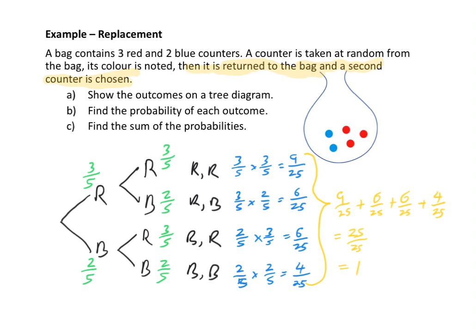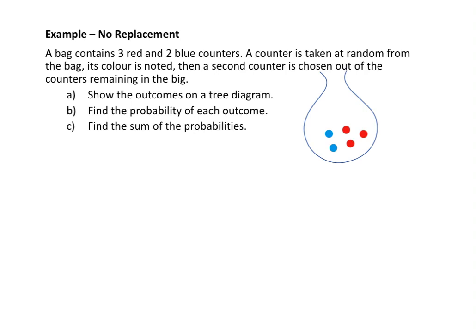Let's have a look at an example where I don't replace the counter. So we've got the same question, but this time the second counter is chosen out of the counters remaining in the bag. So for my second event, I'm drawing out of the 4 counters that are remaining. So my tree diagram is going to look the same as my tree diagram from the previous example.